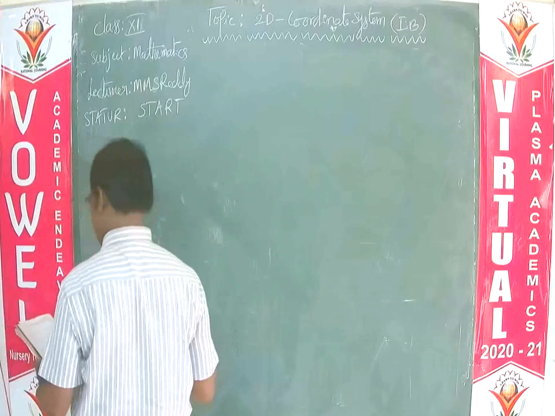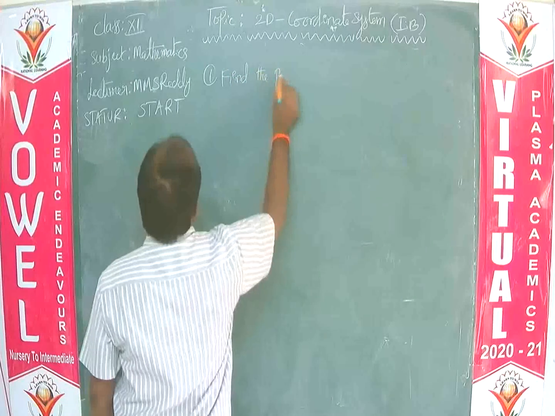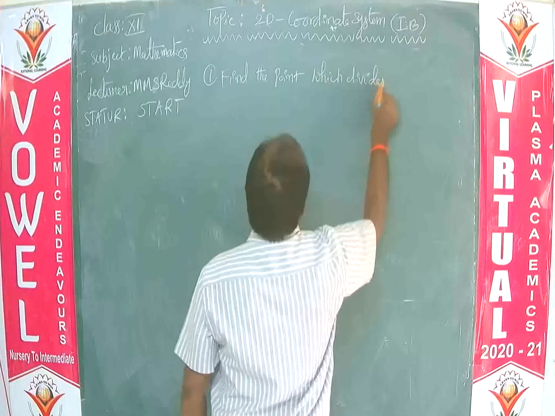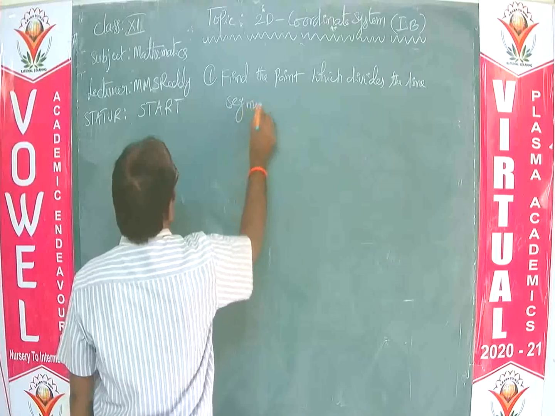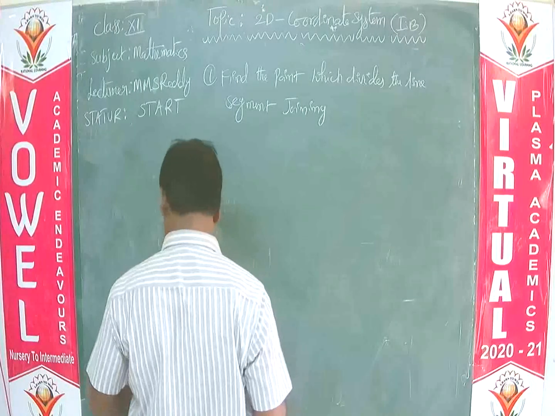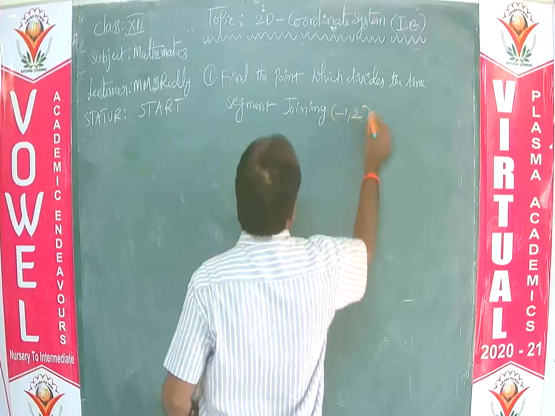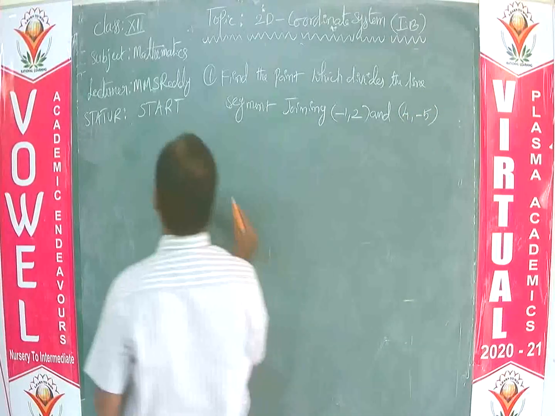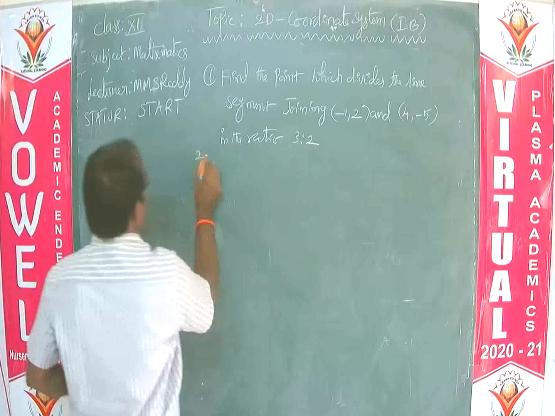Find the point which divides the line segment joining (minus 1, 2) and (4, minus 5) in the ratio 3:2.